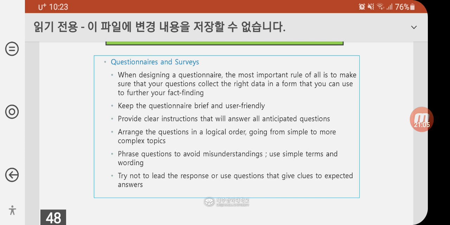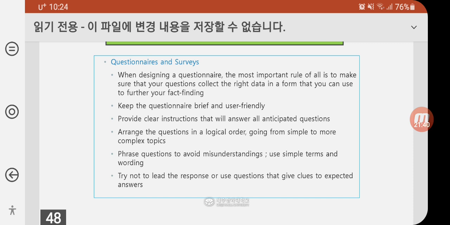Phrase questions to avoid misunderstandings. Try not to lead the response or use questions that give clues to expected answers. Limit the use of open-ended questions that are difficult to tabulate.